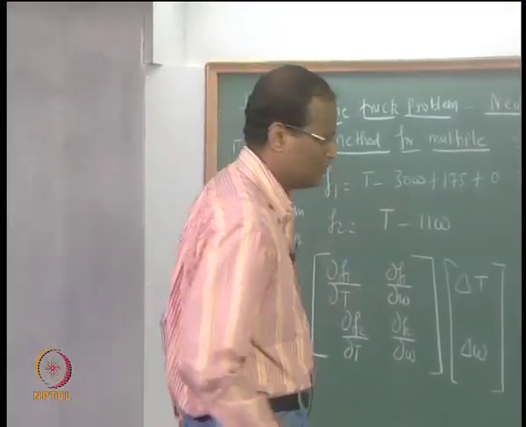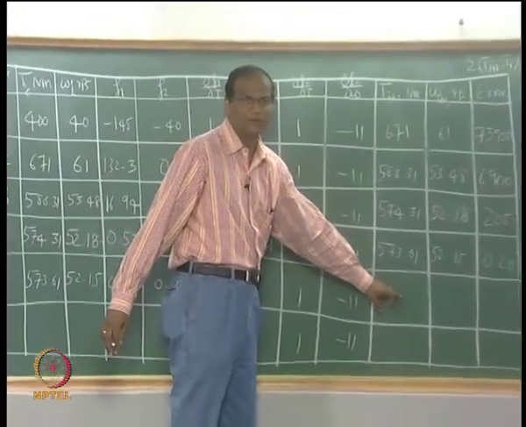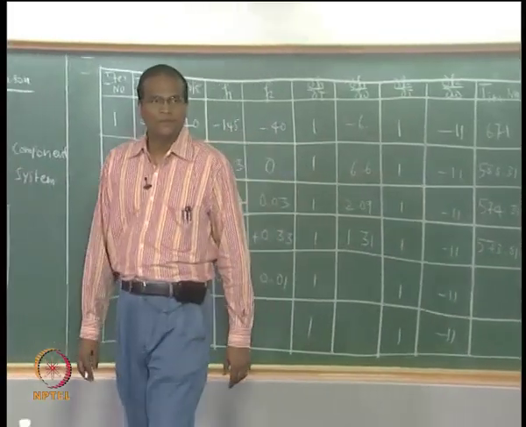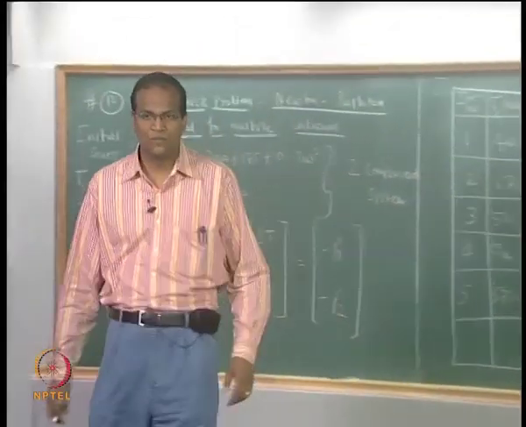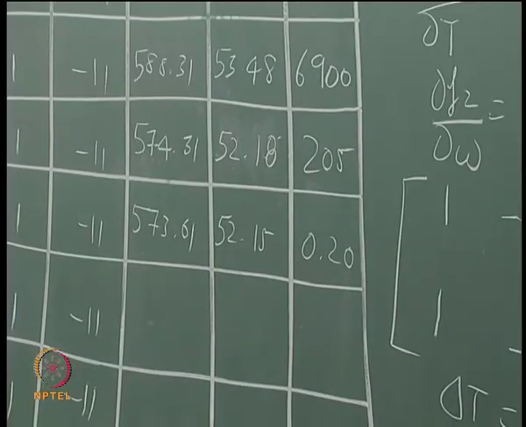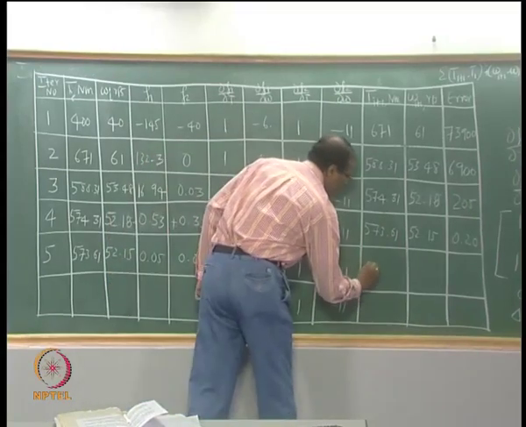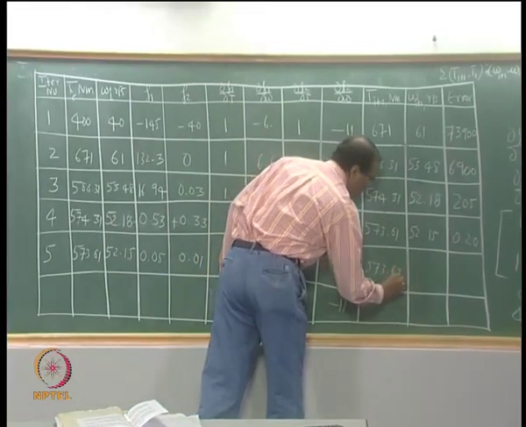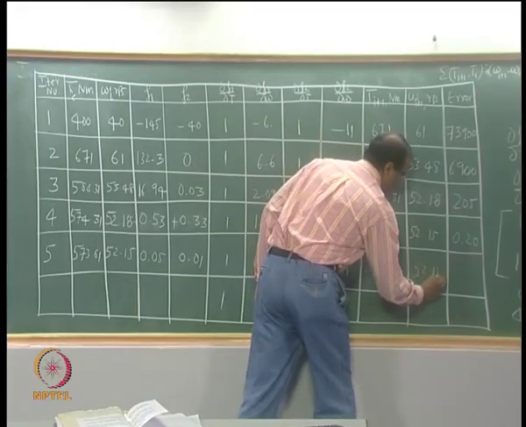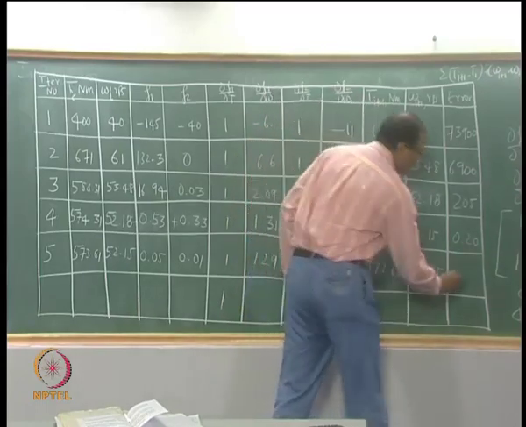All right. Okay. So if somebody has these iterates, please let me know. 573. What is this? 1.2. Okay. 573.62. 10 to the minus 6, whatever.